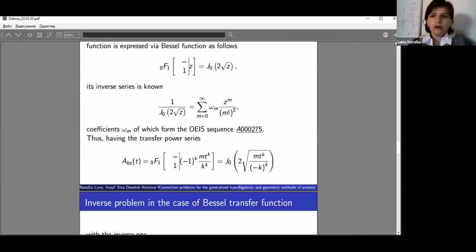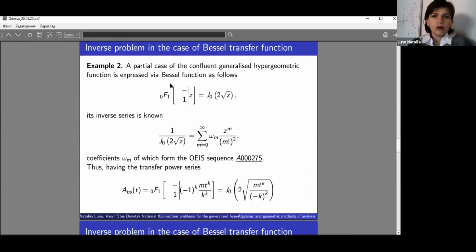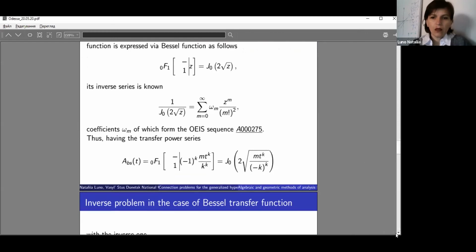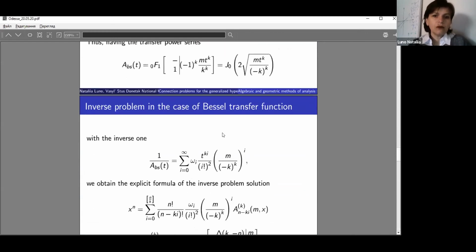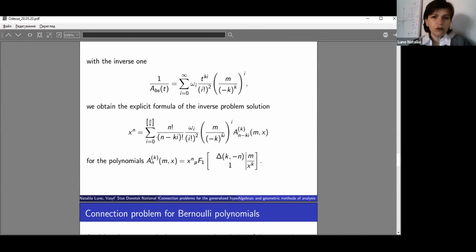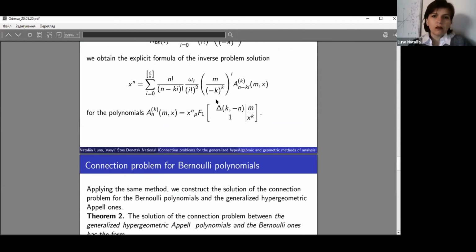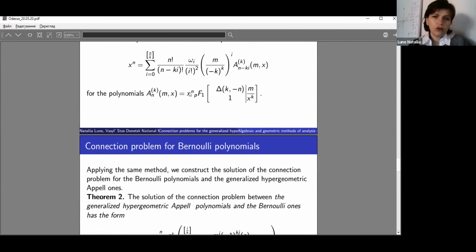For example, if we have the Bessel function in the form of the confluent generalized hypergeometric function, we know its inverse, and thus we know the explicit formula for the inverse problem for such a form of the generalized hypergeometric Appell polynomials.